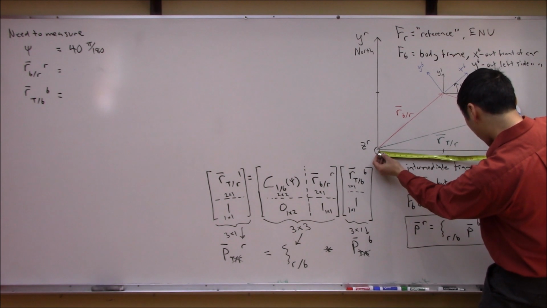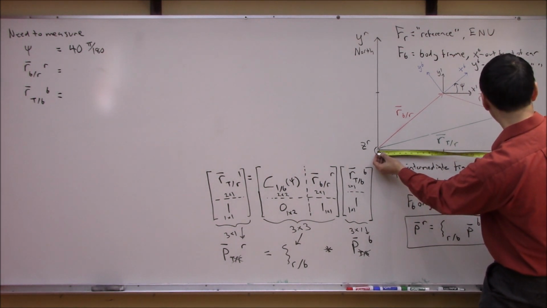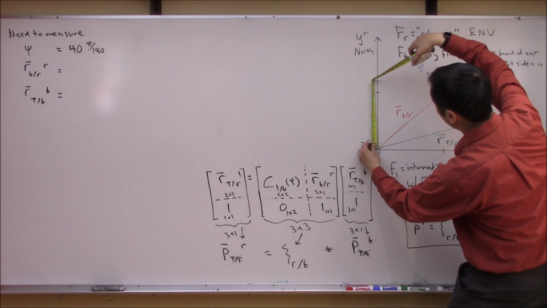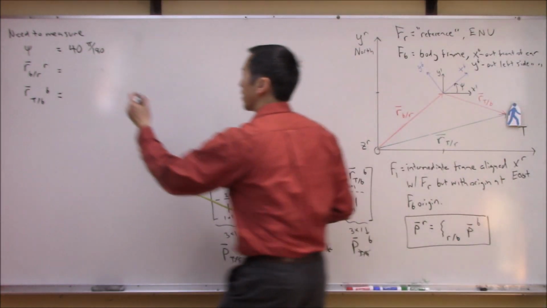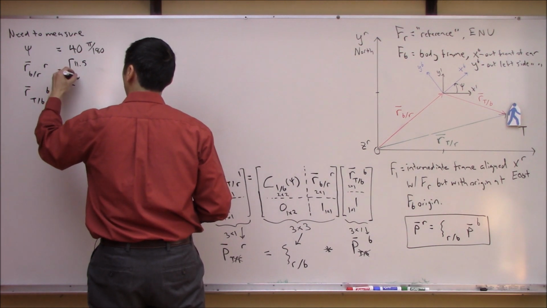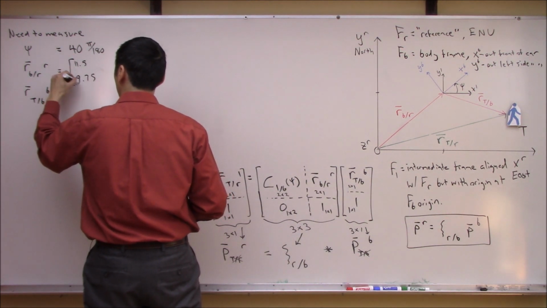I'm going to call that 11.5 inches in the X, and then 9.75 in the Y. Sorry, what did I say? 11.5 and 9.75, are those the numbers we just made?